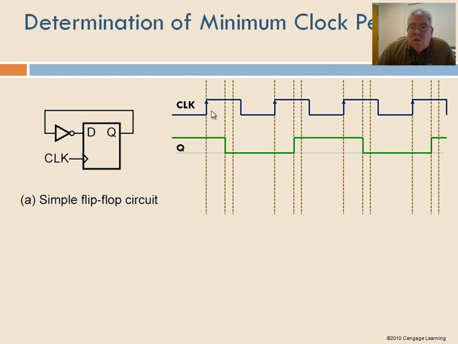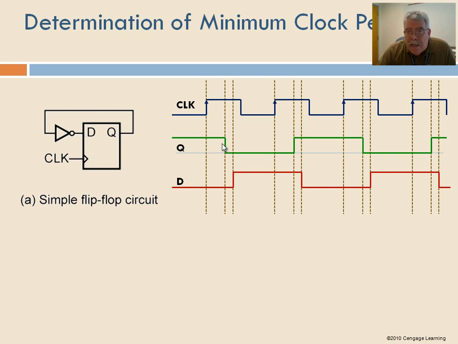And the clock will come, right? And the output will change following the input. The input at this point is going to be read as a 0, right? Right here we have a 0, therefore it demands a 1.